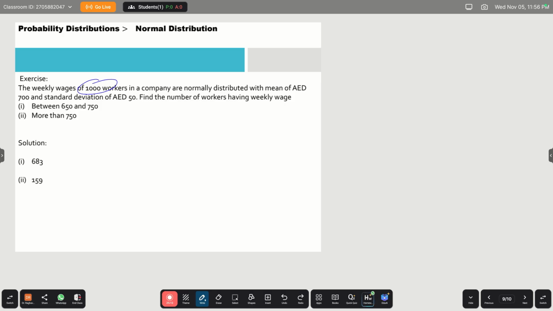So 1000 workers are there. So Z is going to be X minus mean, which is 700 here. So what is X? Let me read the question. The weekly wages of 1000 workers in a company are normally distributed. So X is going to be the weekly wage, and its mean is 700 rupees and standard deviation is 50.